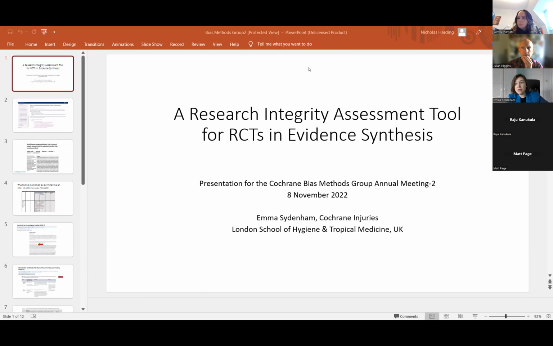It is also included in the standard Department of Health contract for research commissioned in the UK that only lawfully conducted data be used. But the issue has been that among systematic reviewers, there often isn't very much awareness as to what is lawfully conducted research and what is not.